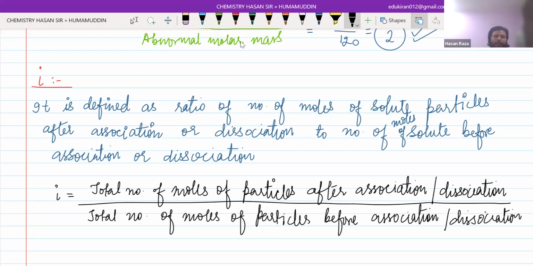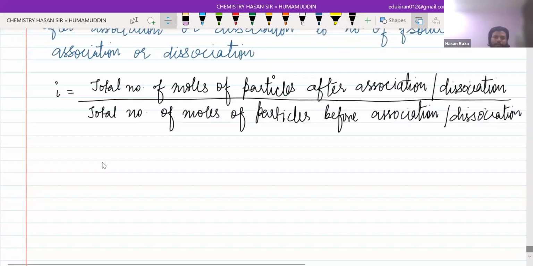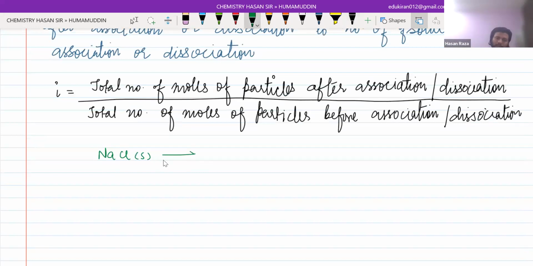Very good. Now, if I take this scenario, the one above that I gave you, NaCl, first of all, it should be balanced. Always remember that. This is your Na+ Cl-. If the examiner asks you the value of i, the Van 't Hoff factor, you need to see first of all whether it is associated or dissociated.